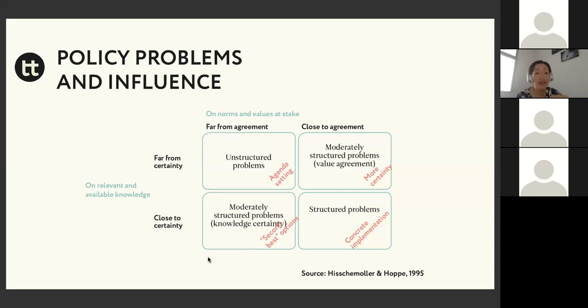And from there, start thinking, what can research do in these cases, and how can we start planning a research program that can respond to these problems.